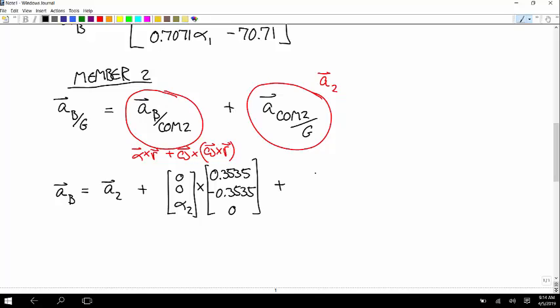And then plus, our omega is what was given at the start. So that's 0, 0, negative 10, crossed with the quantity 0, 0, negative 10, cross the same R vector again.